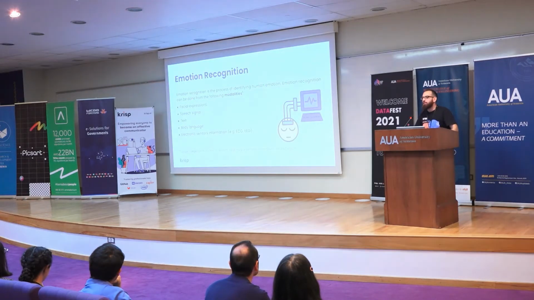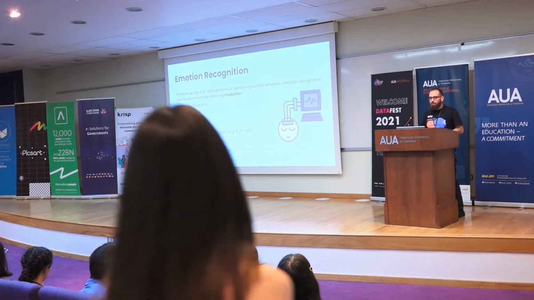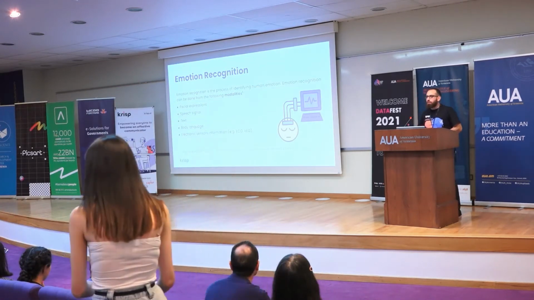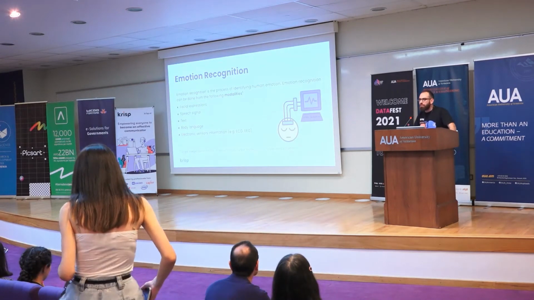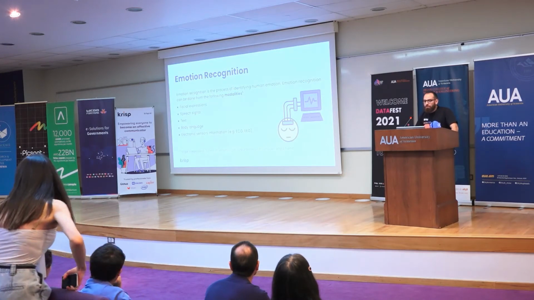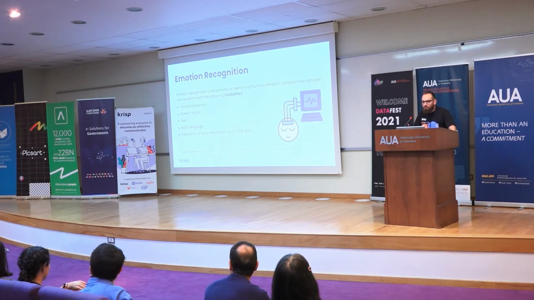From text, actually the NLP task analog of emotion recognition is called sentiment analysis. It's not only about the emotions, but about the arousal level, how excited the speaker is, and about the valence, how positive the speech is.